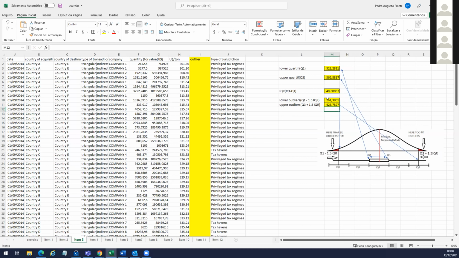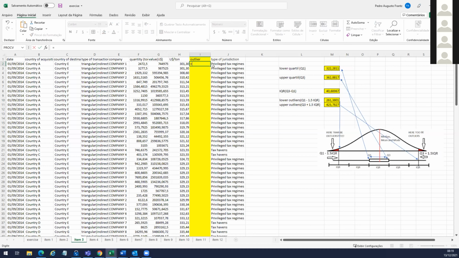And now I will test my database to select the prices that are below the lower outlier or above the upper outlier. I will make this with a formula, the same formula that I used earlier. Equal. I use again Portuguese, but in English it is if.